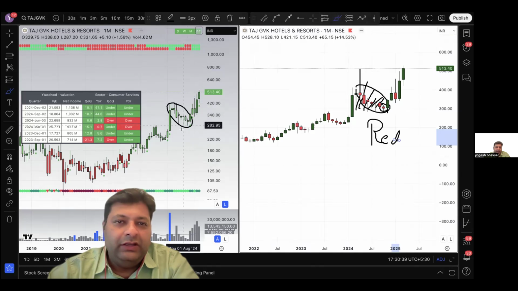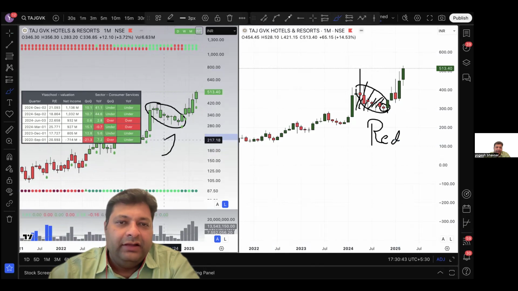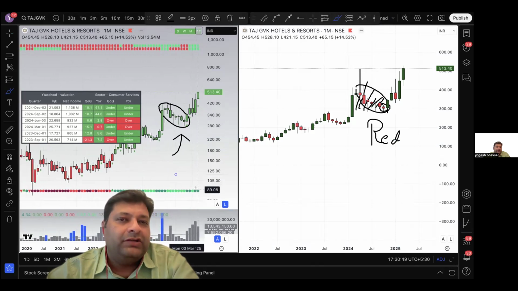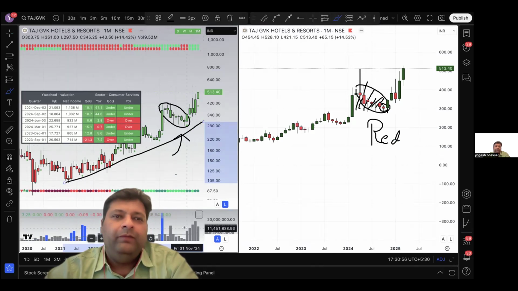But if you see this indicator, these candles are green. Why? Because as per my calculation and as per my strategy, the stock is still in an uptrend. I have formulated my logic.